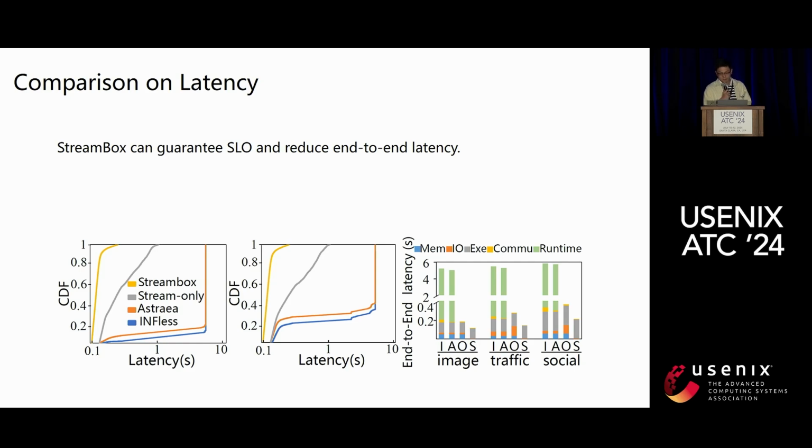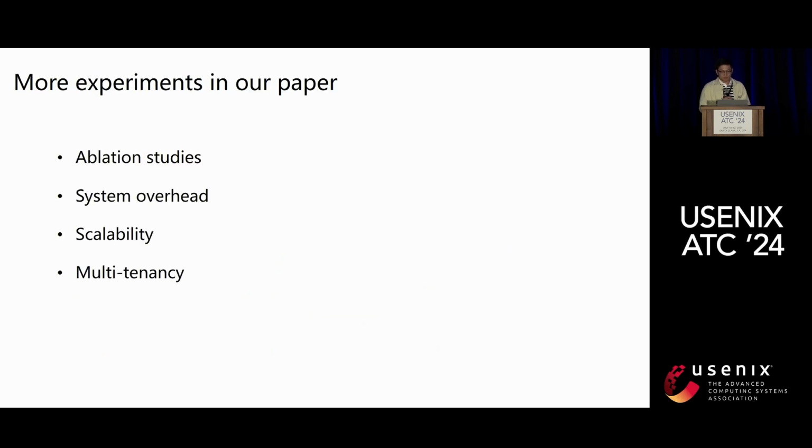We can see that in addition to reducing cold start overhead, StreamBox also reduced the memory allocation and the communication overhead. And we have many other experiments. You can see the paper if you are interested in the multi-tenant scenario, the ablation study, and other system overhead.